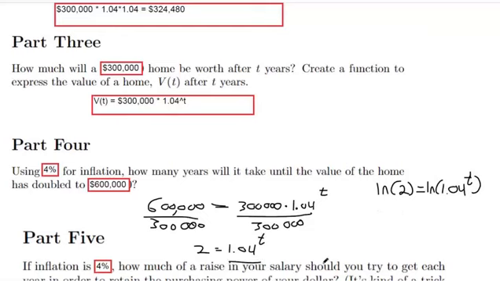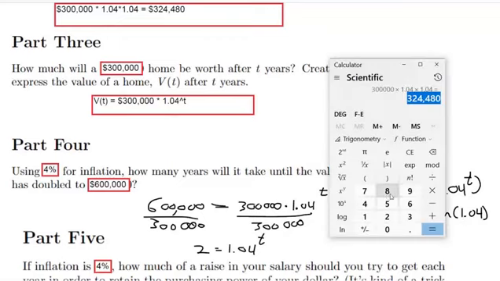Okay, so use natural log on both sides. And now that lets this exponent come down and multiply. So we get natural log of 2 equals t times natural log of 1.04. Okay, so to finish getting t by itself, I need to divide by natural log of 1.04 on both sides. But you could change these to decimal values in your calculator.